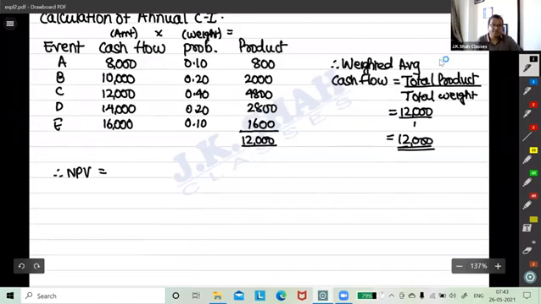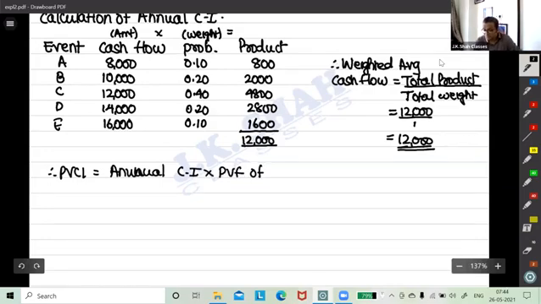So NPV is PVCI minus PVCO. So for that, I'll have to calculate PVCI. Okay, let's do one thing. We'll write this table later. So we calculate PVCI, then we'll write this. So PVCI is annual cash inflow into present value factor of 10% of year 1.